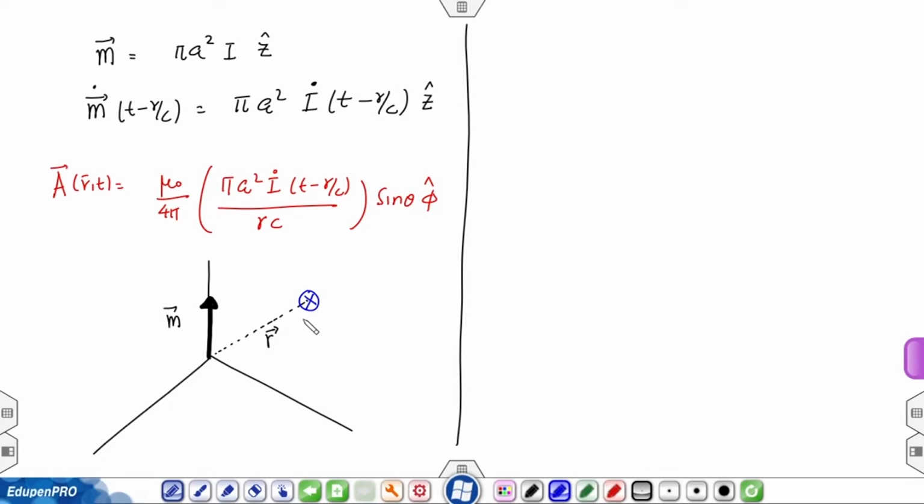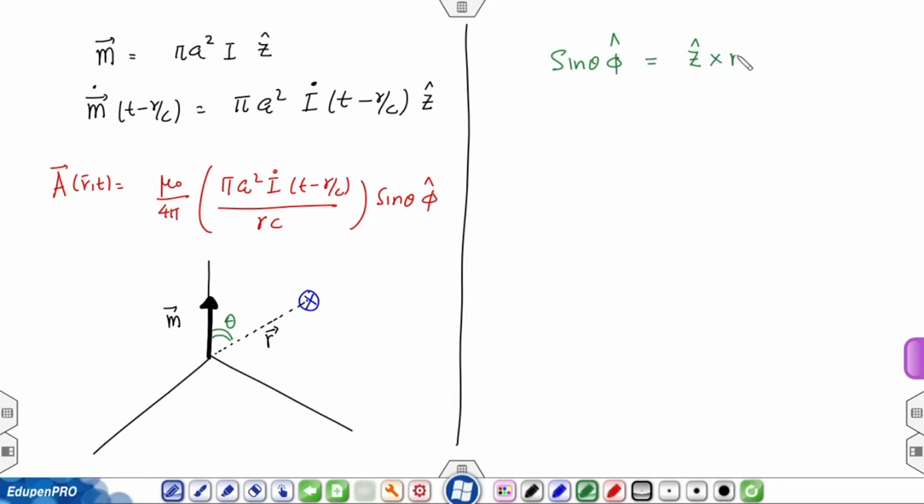A is in the φ direction and there is a sin θ. The angle here is θ. So, you can easily see φ is in the direction perpendicular to the m and r plane.